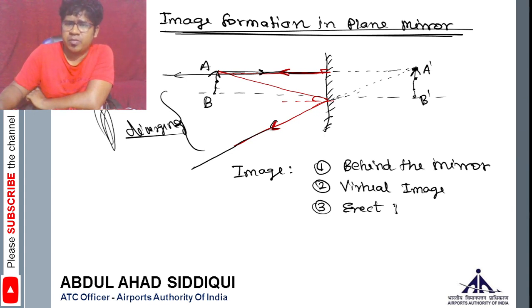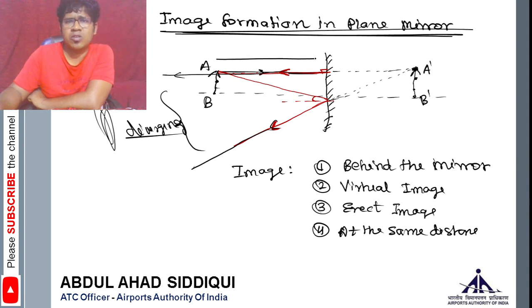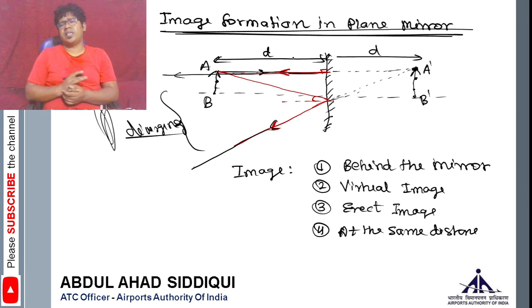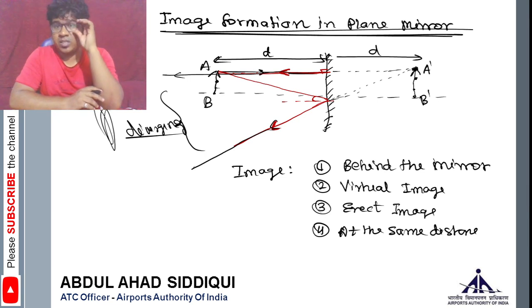So an erect image is formed. Number four, at the same distance. Same distance means, let's say this is the distance of the object from the mirror, d, then the distance of the mirror and the image will also be d. So an erect virtual image, behind the mirror at the same distance.